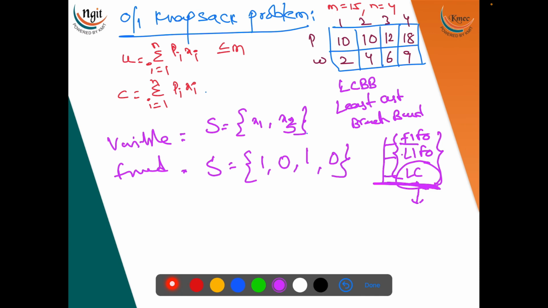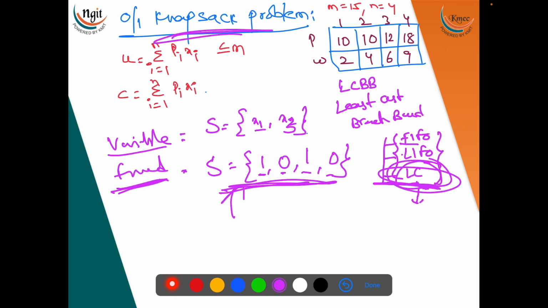Whichever object is placed in the bag, for that object we'll place 1. So this is going to be our solution. You can use variable size or fixed size. Now I'm going to take the fixed size solution method, and solve this problem in this form of solution using LC branch and bound.